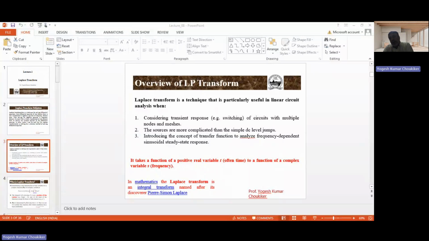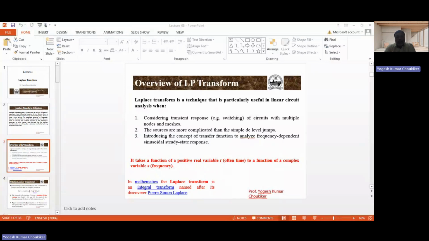So now our main focus is on how to apply the Laplace transform in the AC circuit, because we are talking here about the AC circuit. We have three very important points to remember. The first one: transform the circuit from the time domain to the S domain.